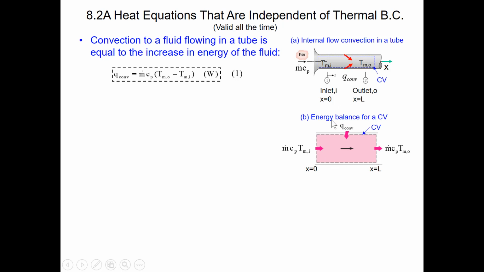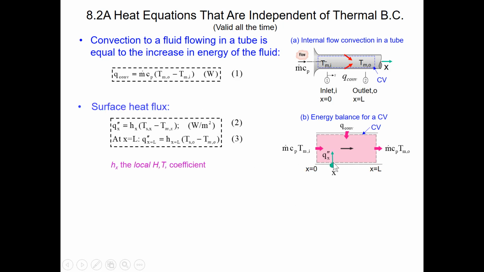This is the energy balance for the defined control volume. The first law states that all energy in equals all energy out. Therefore, equation 1 represents that the convection to the fluid flowing in the tube is equal to the increase in the energy of the fluid.